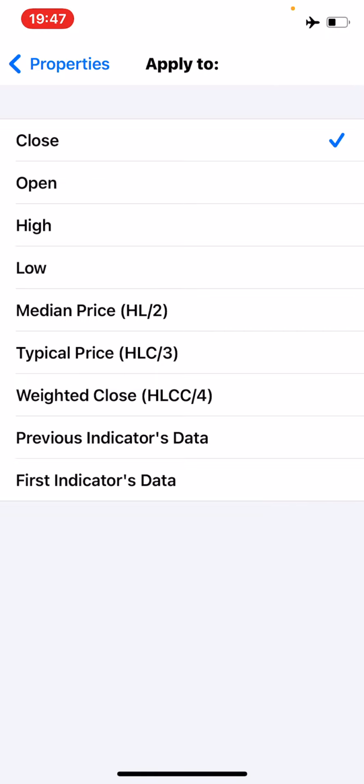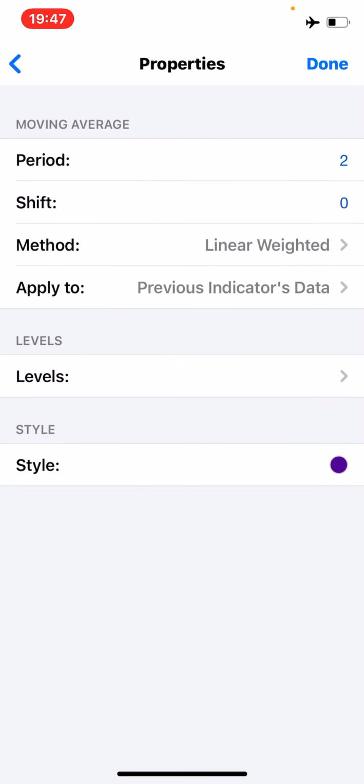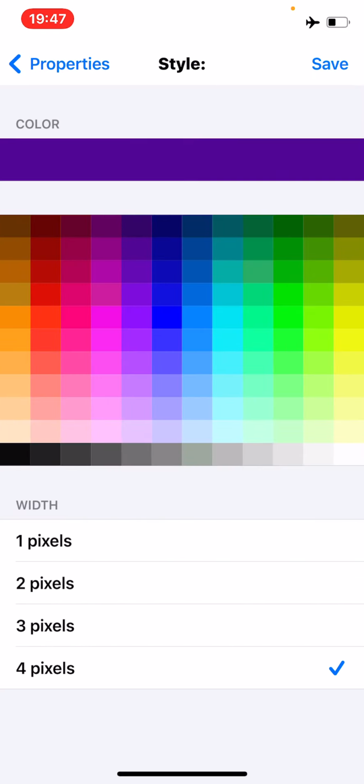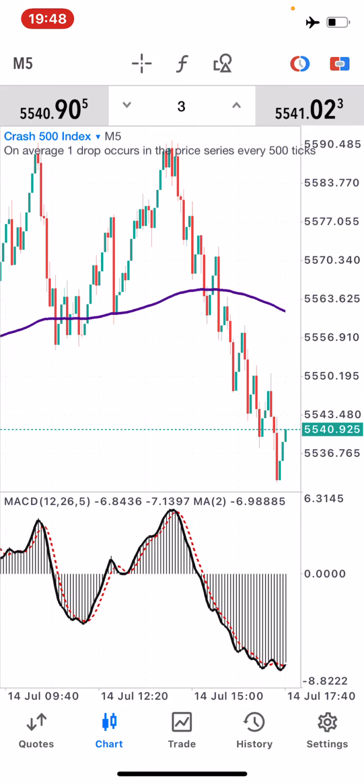We want to choose previous indicator's data, which is right here, and then the color, please, we can change to black. That is if you don't have a black background. So if you have a black background, make sure you just change to white so that you can have contrasting colors, right? And then we're going to click on save, then done. And as you can see right there on our charts, we now have that black line running across.